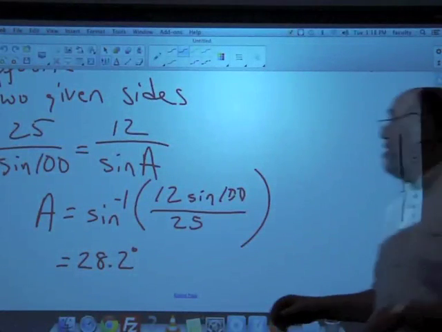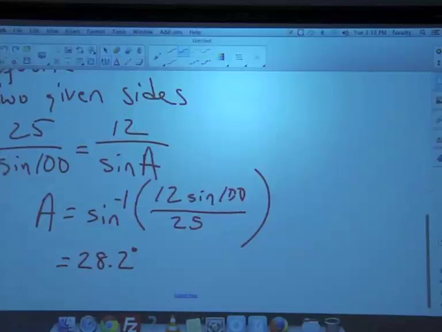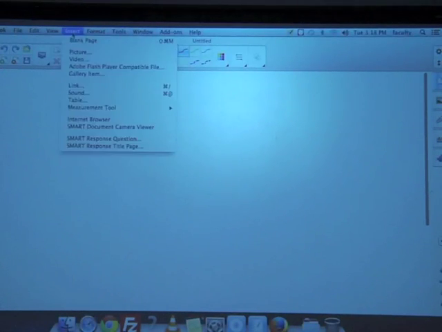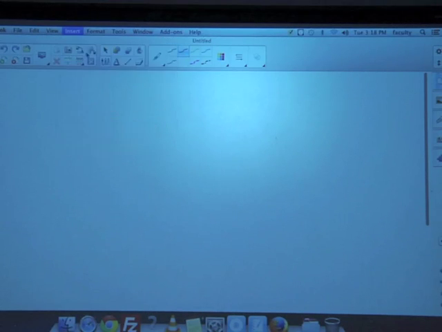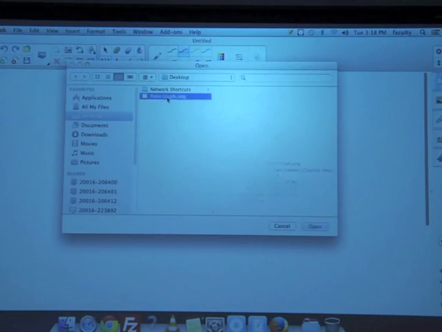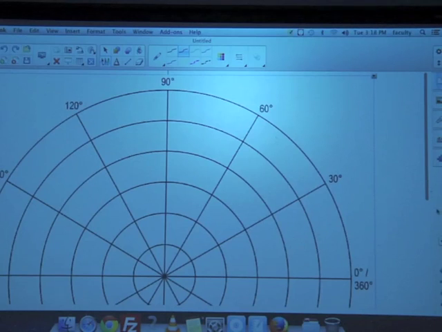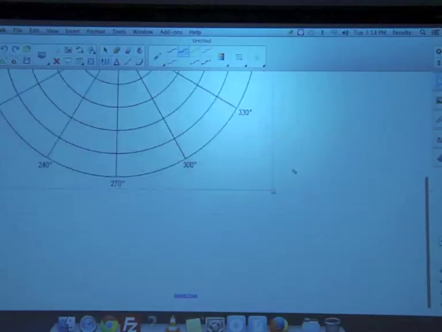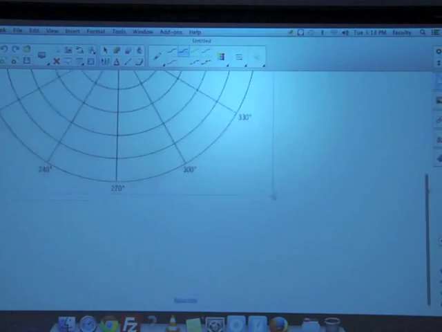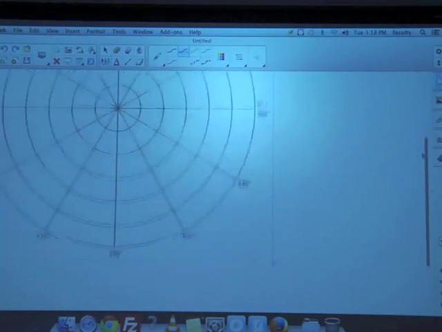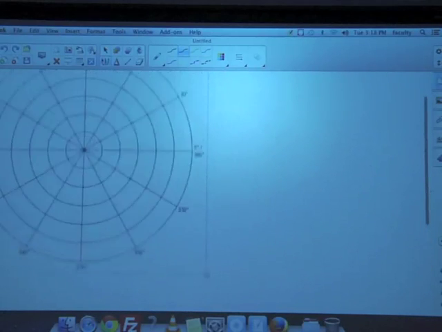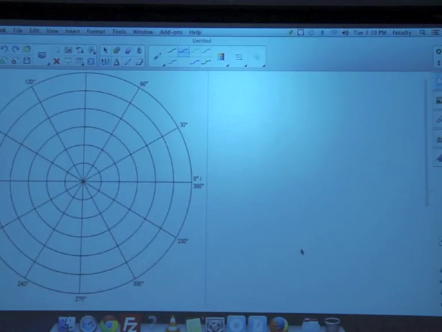So first off, in regards to polar graphs, there we got a polar graph, okay?